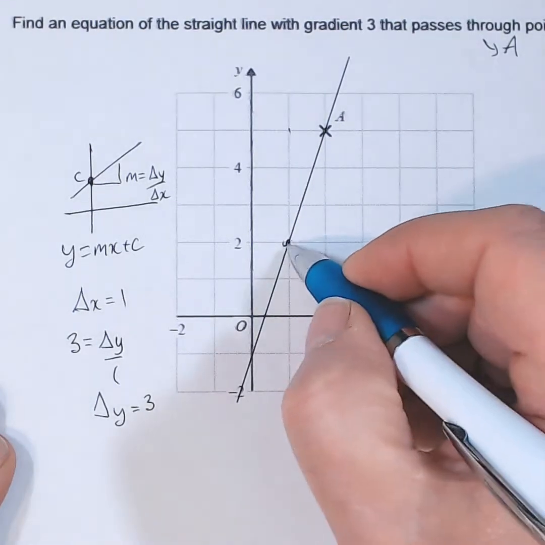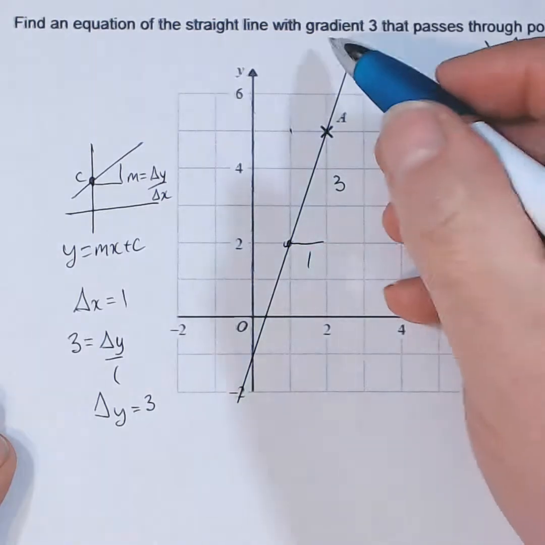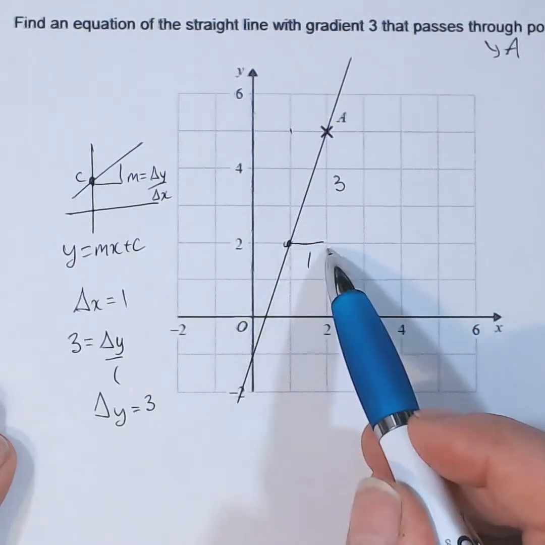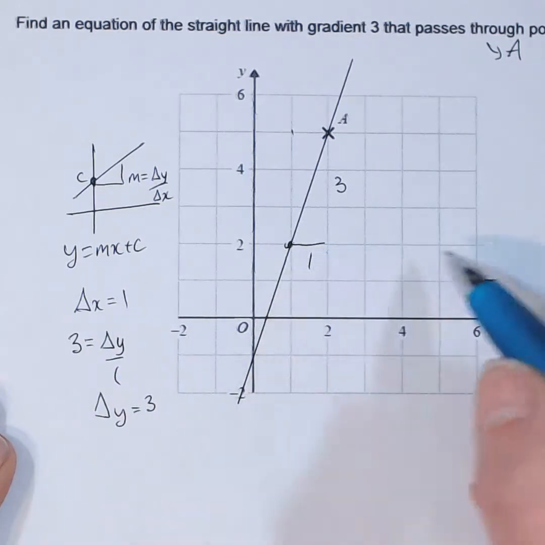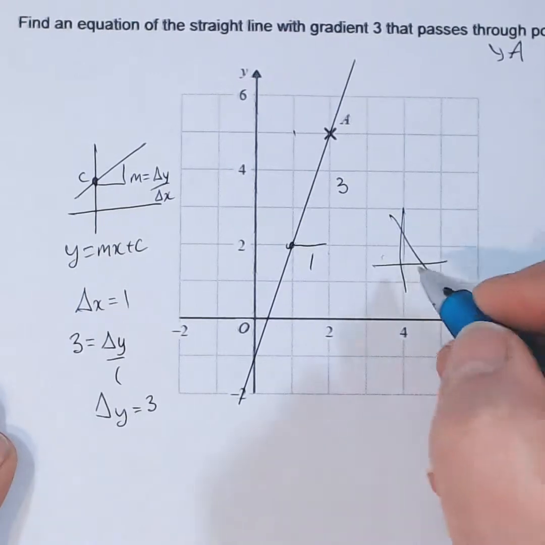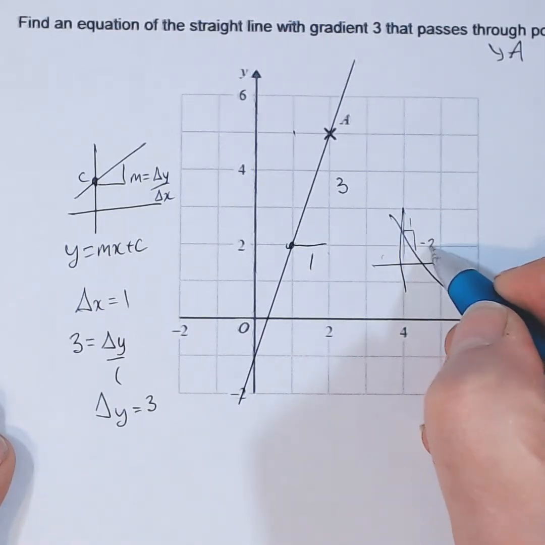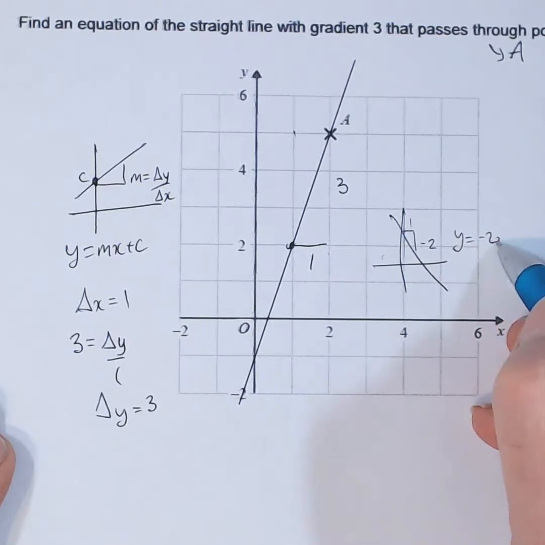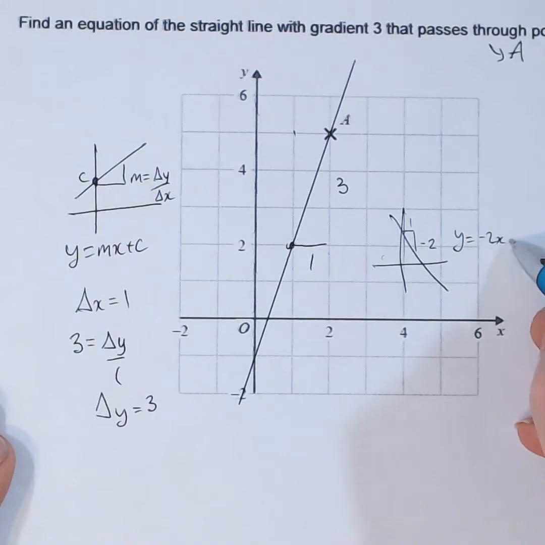I've recognised that for one across I must have had a change of 3, because that's what the gradient can basically be thought of. For every one across on the scale you go up 3 in this case, because it's a positive gradient. If it was going in the opposite direction, so if you had something like this, then for every one across I'd have gone down something. So this would be a gradient of -2. So you'd get y equals -2x plus something.